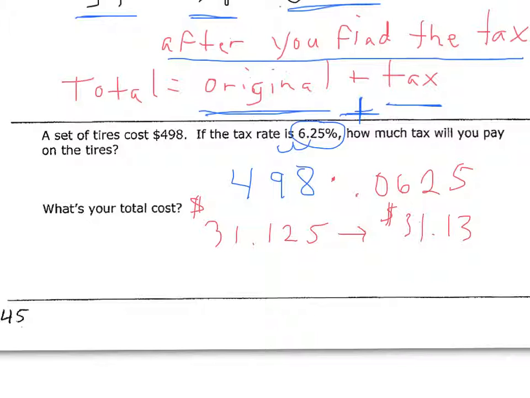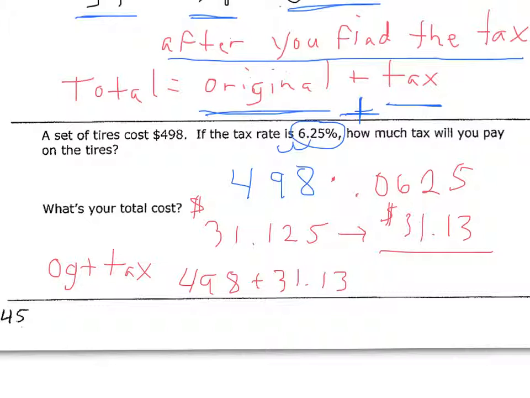Remember, to finish it off, you have to take your original and add in tax. So we're going to take our $498 and add in our tax, which was $31.13.